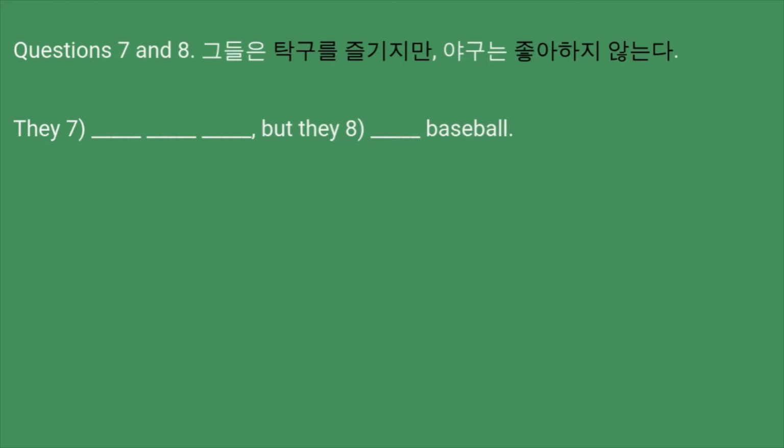Looking at the Korean sentence on the left, we can see that the parts missing from the English sentence have the same meaning as the Korean phrases for enjoy and don't like. So we have to think, what is the English equivalent of these Korean phrases?